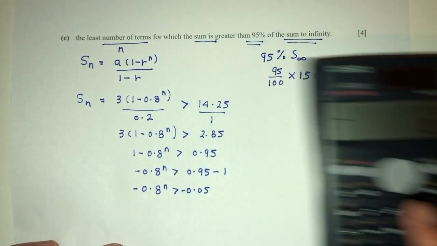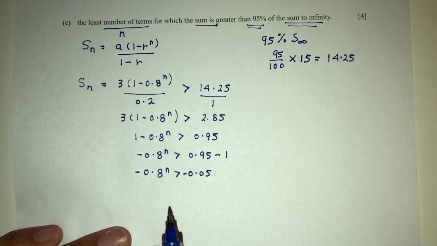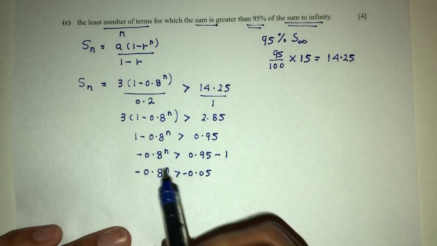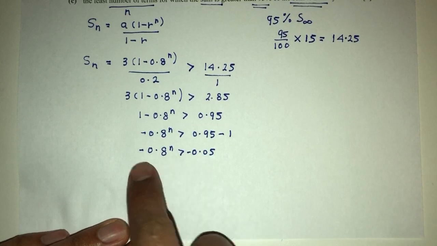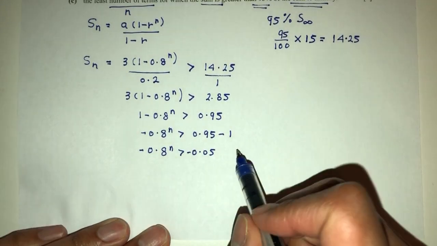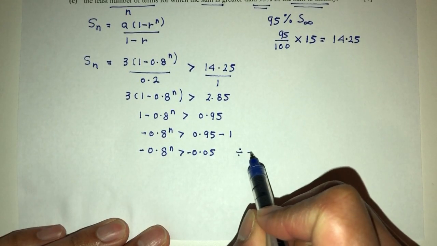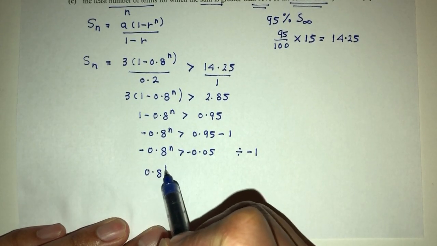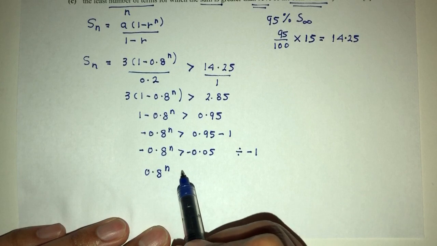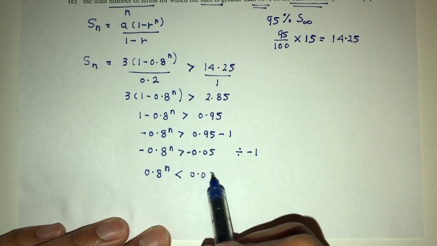Yep, that is right. Now from this we have to find the value of n. But first, since we have negative on both sides, let's divide by minus 1 on both sides. You will have 0.8 to the power n, the sign will change, less than 0.05.